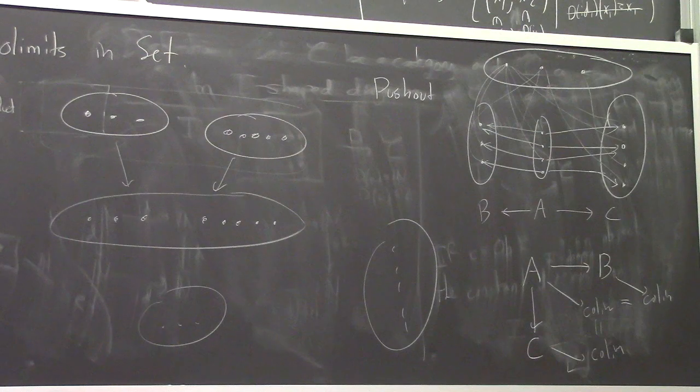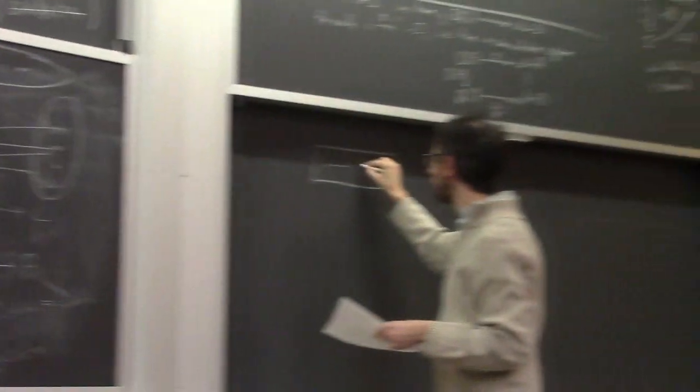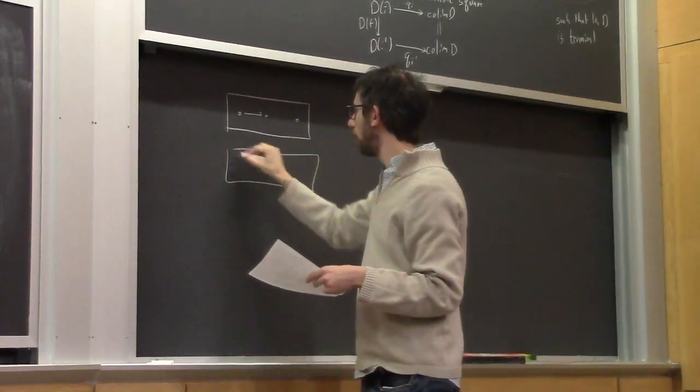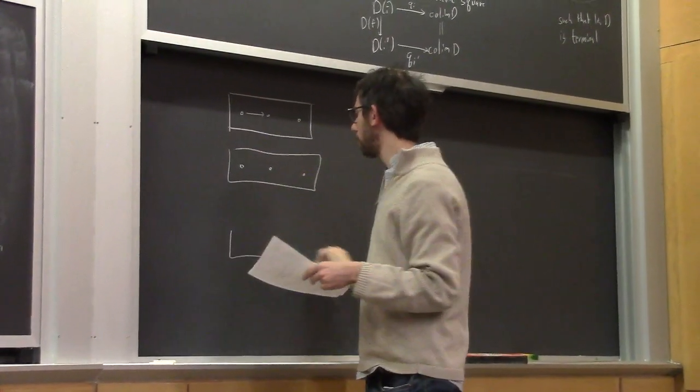This is the pushout, and I guess I only have 1 minute left. So I'll just tell you what colimits in the category of categories are. Here's a category, here's a category, and here's a category.